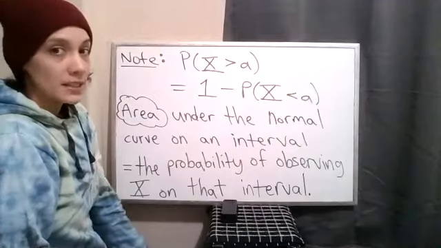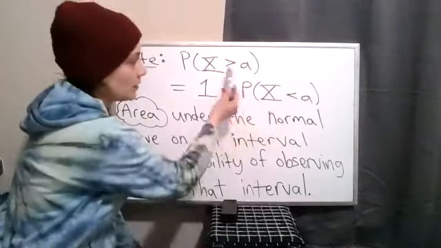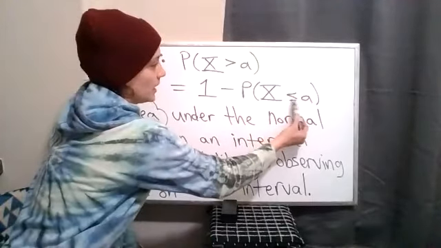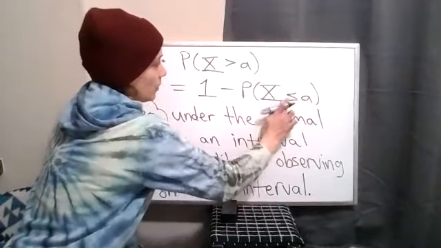And it doesn't affect the overall area if you include a or don't include a. So you need to flip the sign, but if you have a strict inequality or you put an equal sign, it's fine. So you can have that there or not.